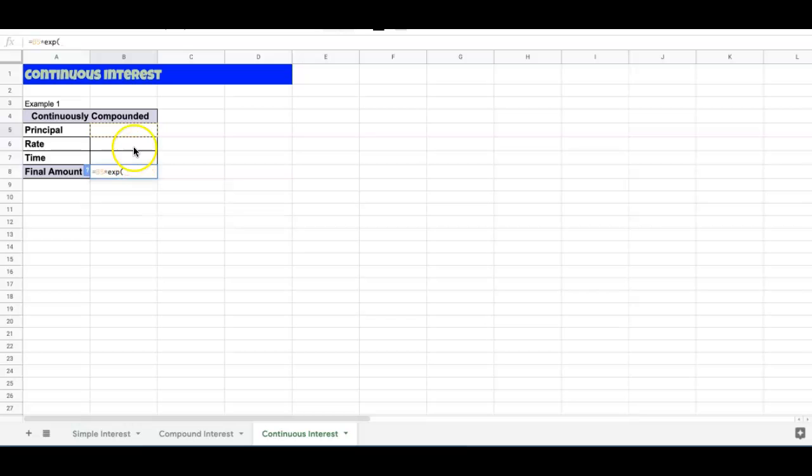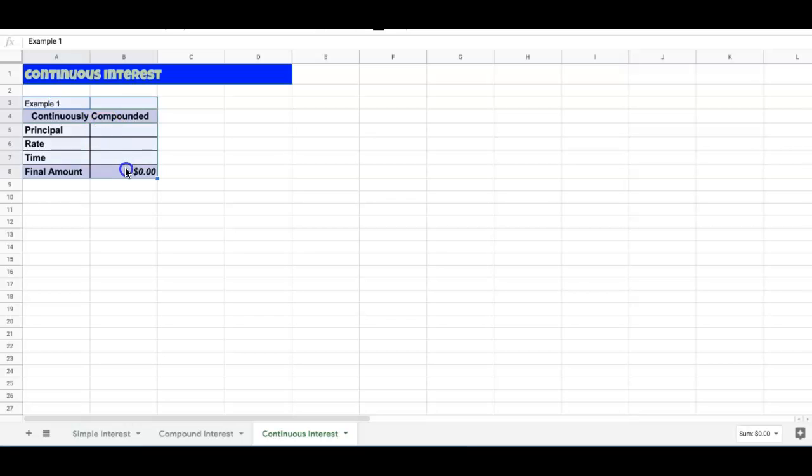And then we're going to go parenthesis rate, which is B6, times time, which is B7. That's all there is to that formula. Equals B5 times EXP, parenthesis B6 times B7. And it won't say divide by zero error because we didn't divide by anything. It'll just say 0 right now. Go up to the top and make sure your format is currency, so it comes out as money.